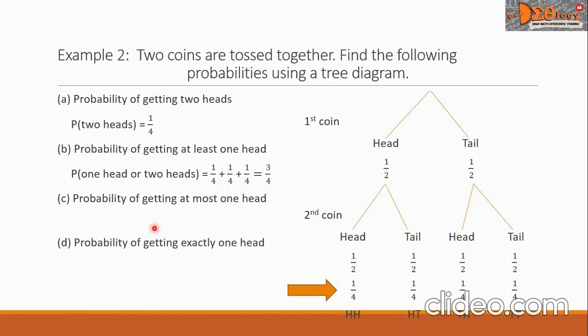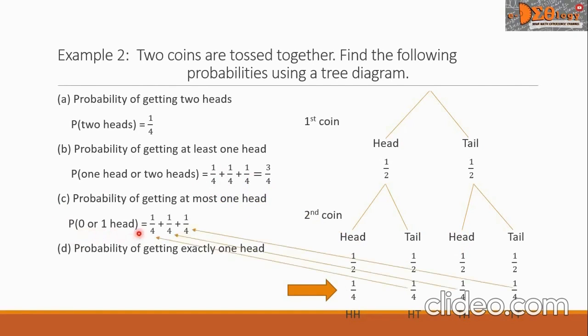Let us go to letter C, probability of getting at most 1 head. This means the probability of getting 0 head or 1 head. This is equal to 1/4. It comes from when we have head in the first coin and tail in the second coin.